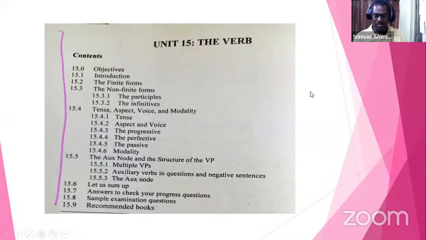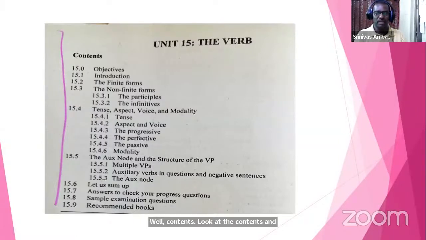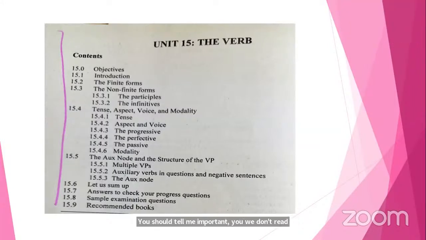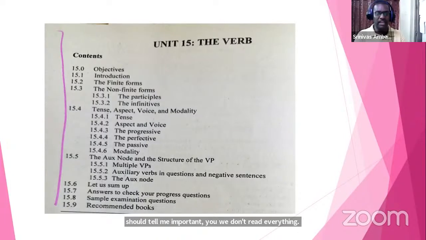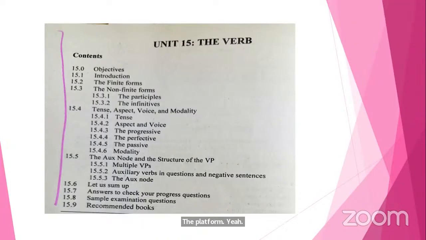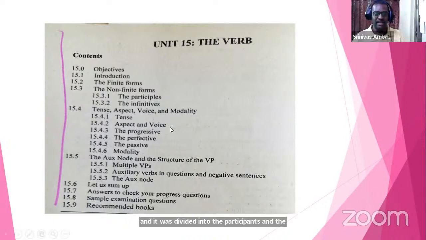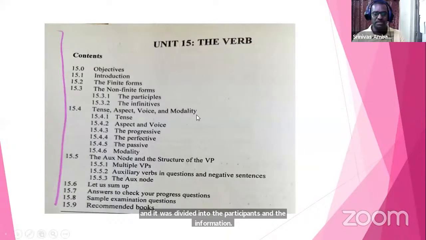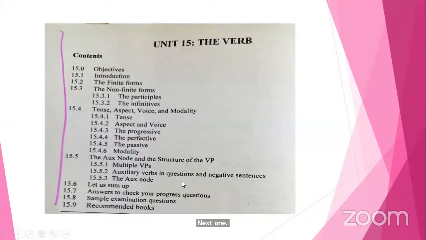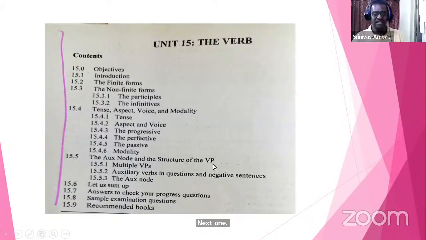Now let us get into the verb. Look at the contents and tell me what are the important things here. Don't read everything. The finite forms, non-finite forms, divided into participles and infinitives. Also voice, active voice, modality and modal verbs, and the structure of the verb phrase.